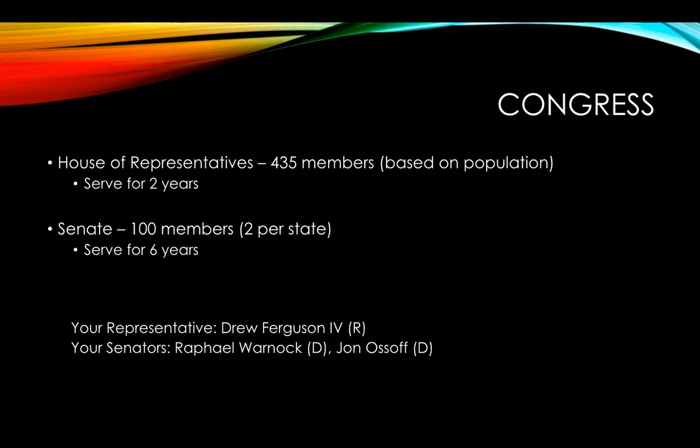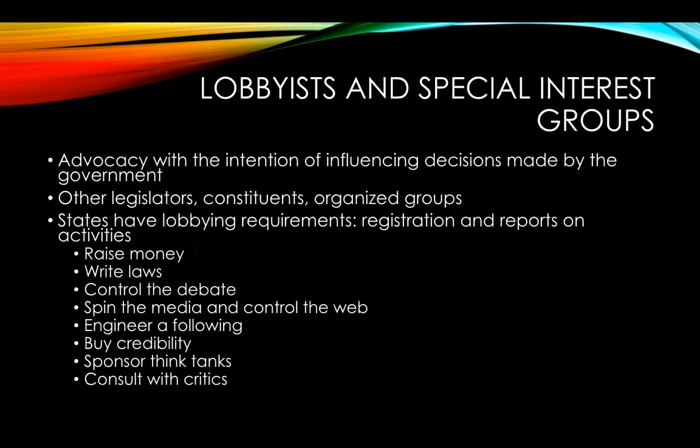Now let's get into lobbyists and special interest groups. Okay, so lobbyists and special interest groups, and this is what I was referring to earlier when I was talking about exactly how public opinion and these social groups and political institutions work together.